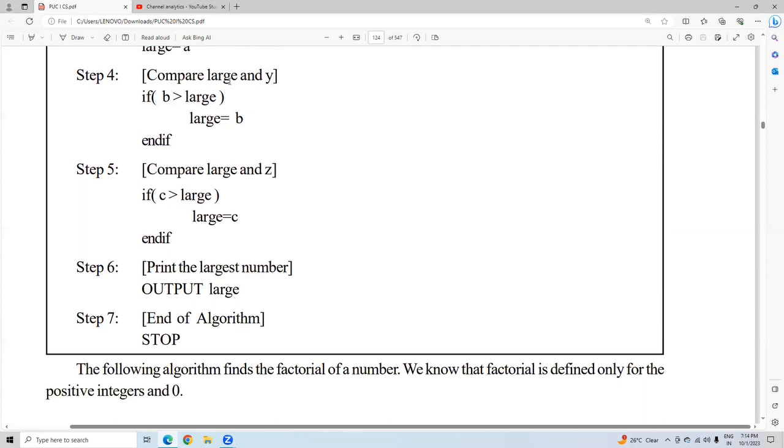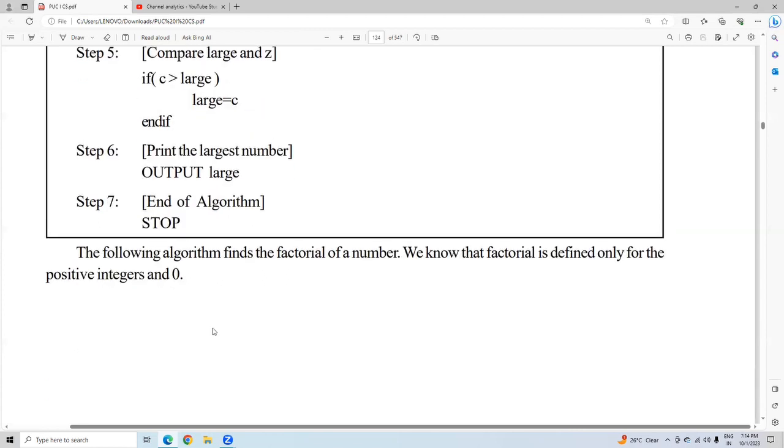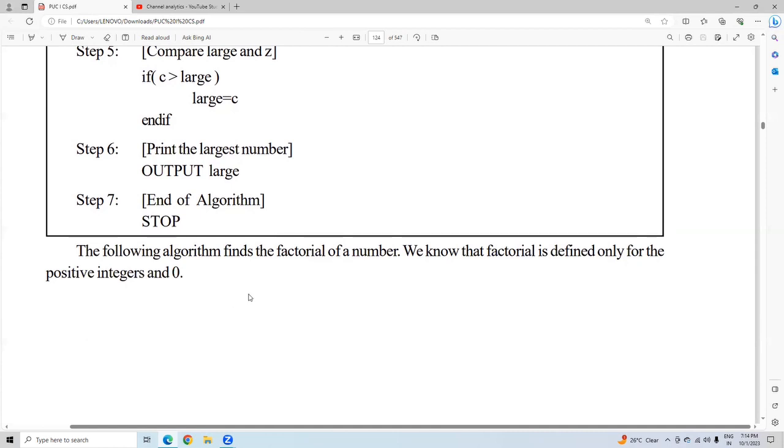So if B is greater than large, then B will be assigned to large. So either this or this, any one condition will be checked, right?